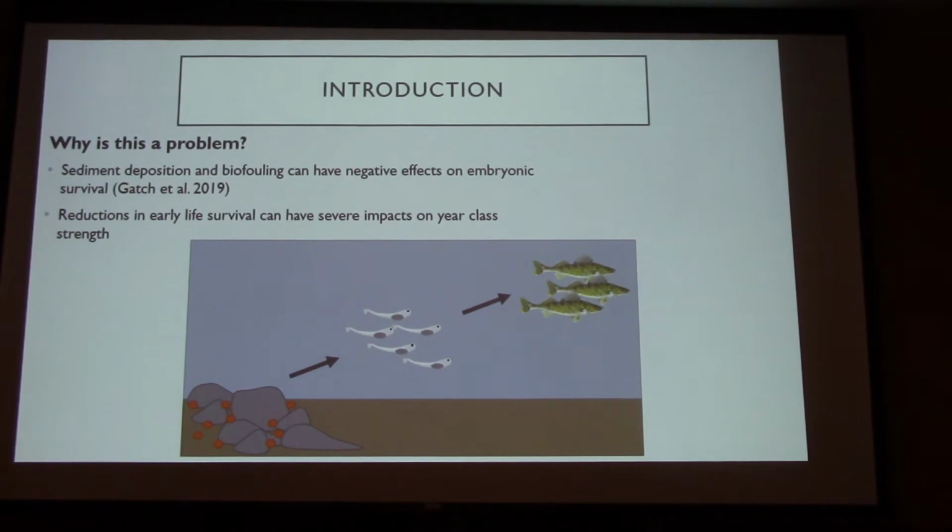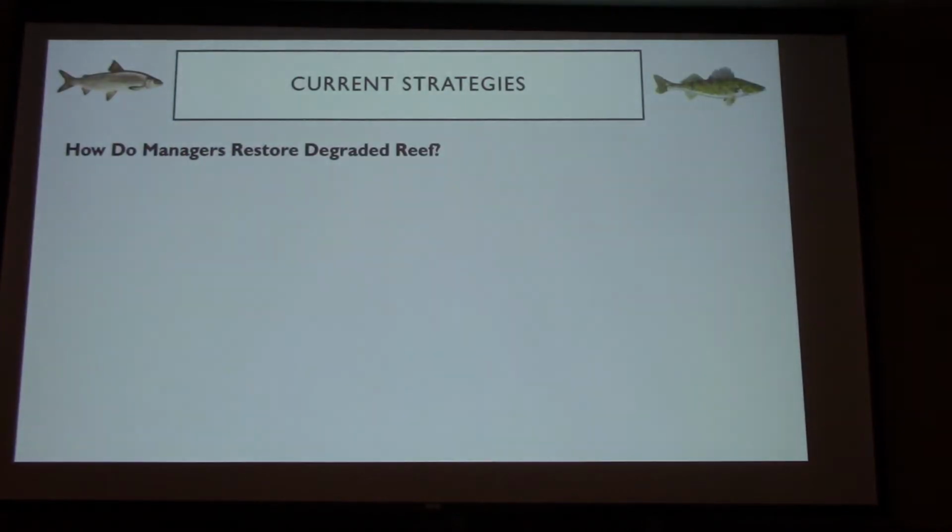So to give you a simple example, if you have these clean interstitial spaces, those eggs have better hatching success, they result in larval fish, and then those fish can recruit to the adult population. But if you add things like sedimentation or different biofouling, you have degradation of these habitats, you have reductions in hatching success, which can lead to reductions in that wild population or that adult population.